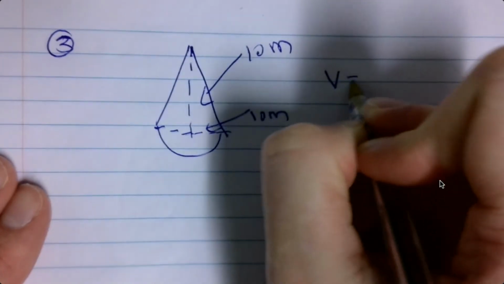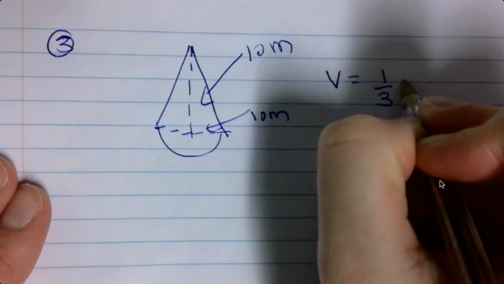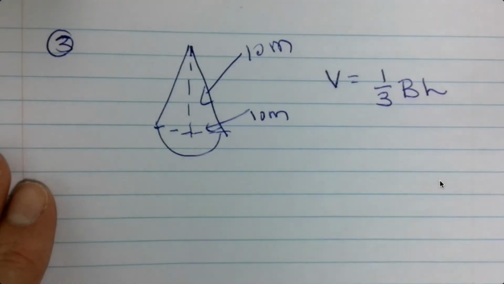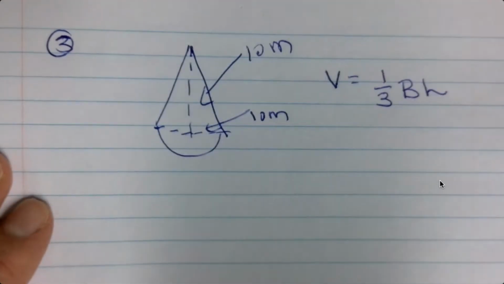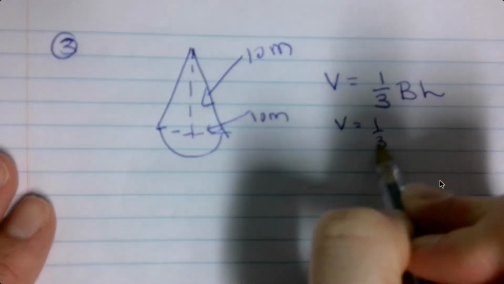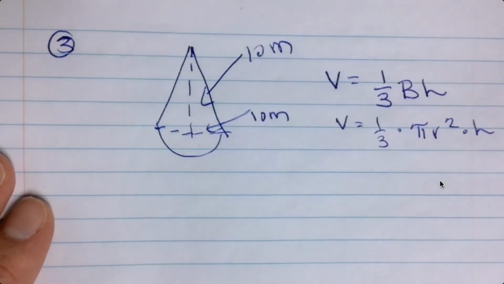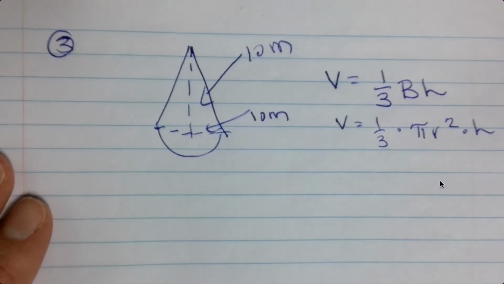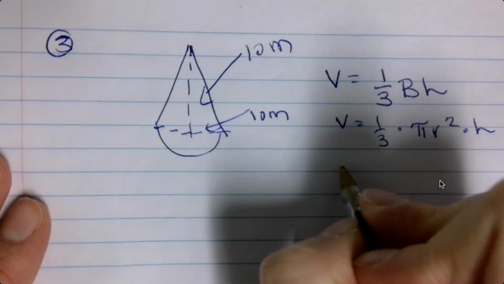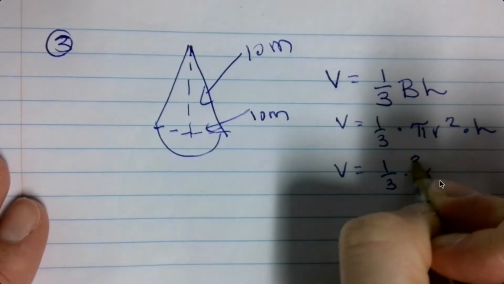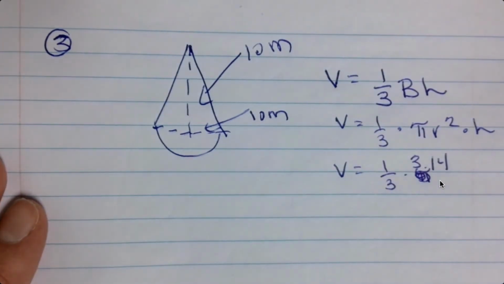We are going to do volume is 1/3 times the base times the height, which is 1/3 times pi r squared times h. Oopsies, pi is 3.14.